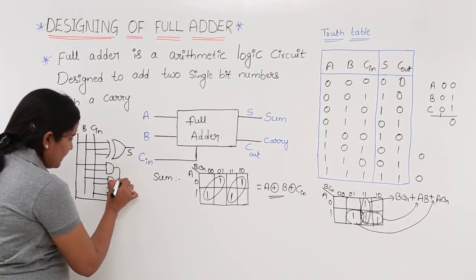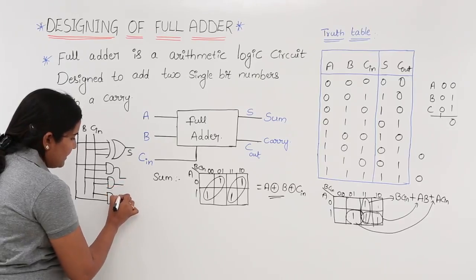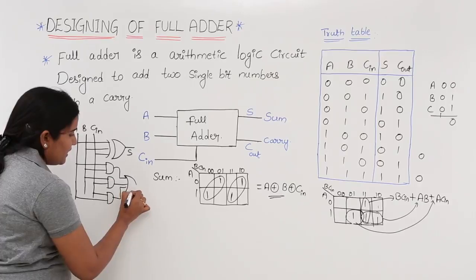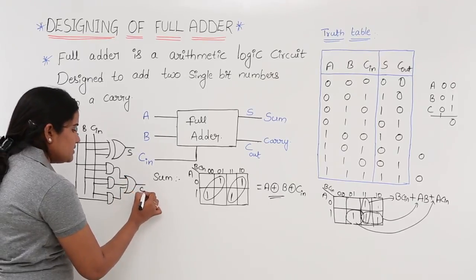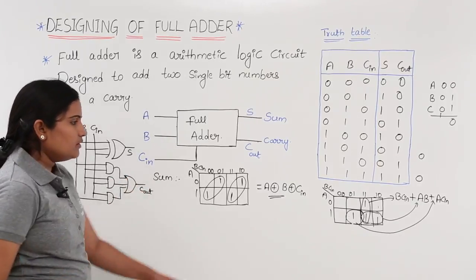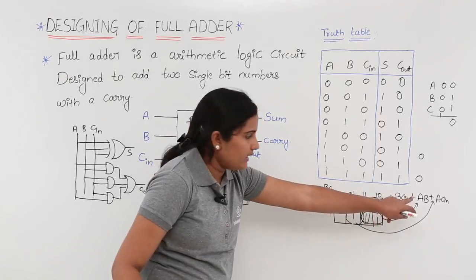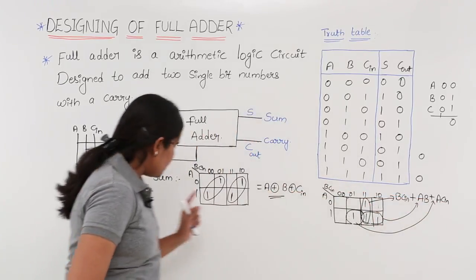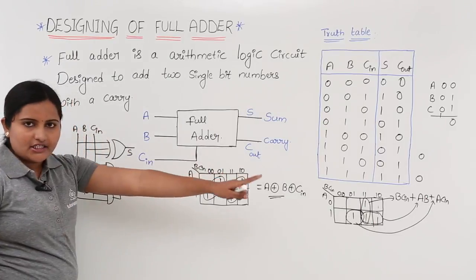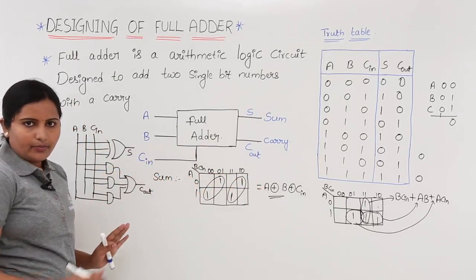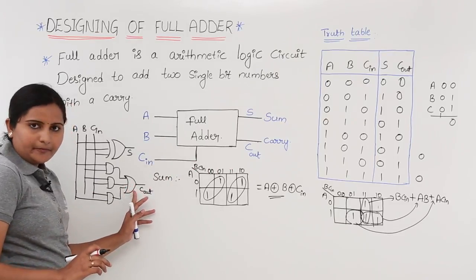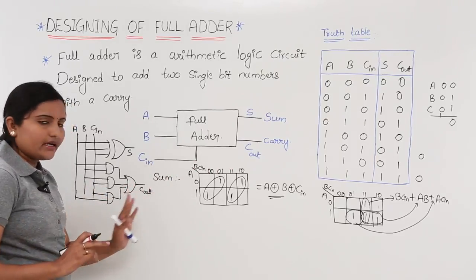All these three AND gate outputs are added, so you need to take an OR gate here, and you are getting C out. So for this expression, I took AND gates for AB, BC and CA, and for the addition of all three products of the sum of products form, I am taking this OR gate and I am getting C out.